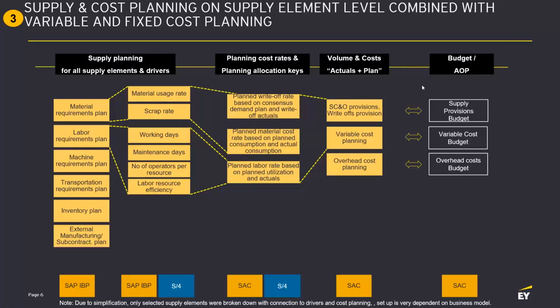Then further on to the right-hand side, for supply planning, we plan additional supply chain provisions. It could be, for example, that you have in your portfolio products which have a limited shelf life, and then you have to plan some write-off.